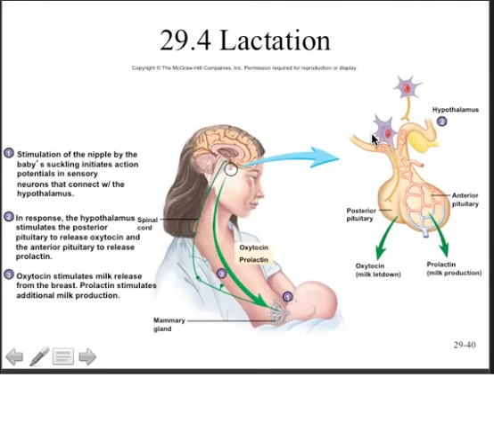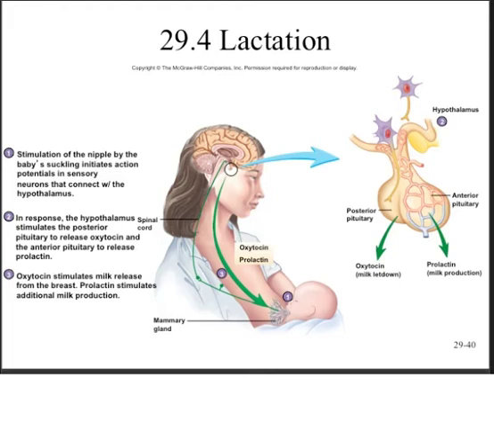Okay, lactation is the production of milk by the breast tissue. This is critical for the nourishment of the neonate. Stimulation of the nipple by the baby's suckling produces action potentials in sensory neurons that connect with the hypothalamus, which causes the posterior pituitary to release oxytocin, while the anterior pituitary generates prolactin.